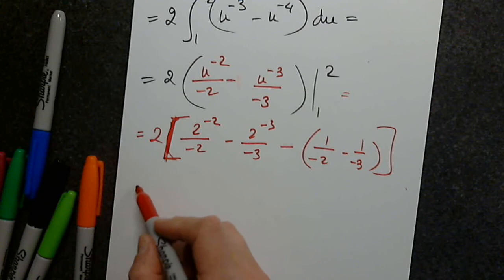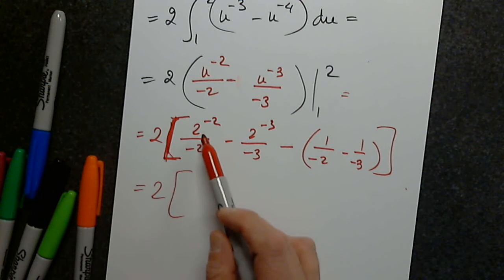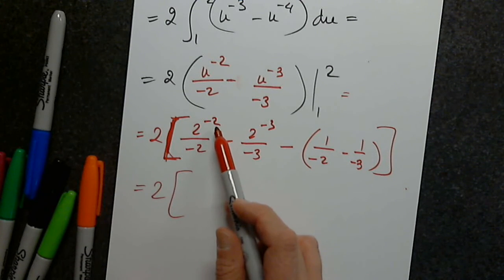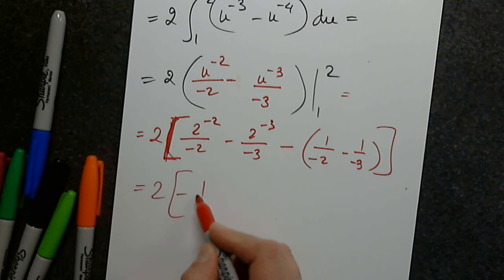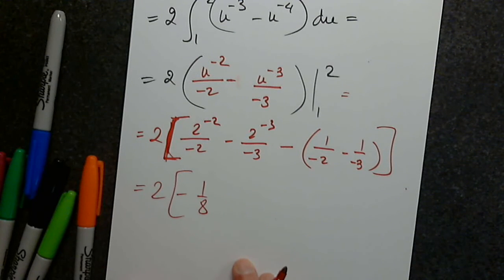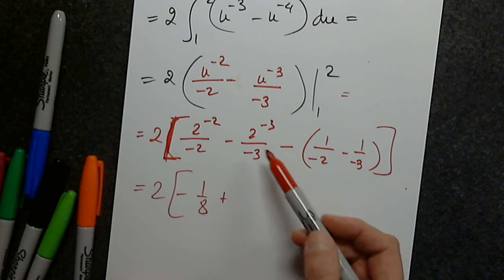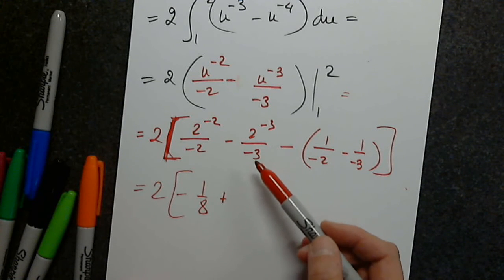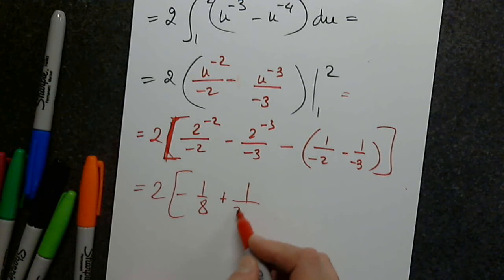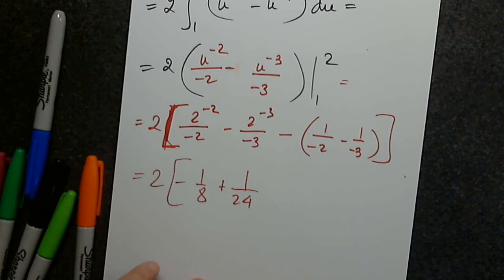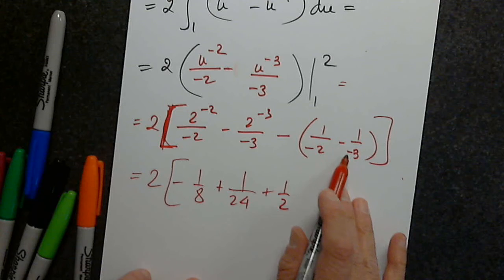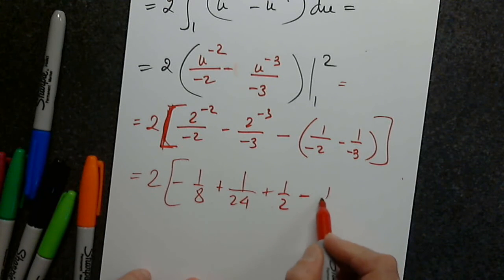Okay. 2 to negative 2 is 1 over 4 times negative 2, negative 1 over 8. This becomes plus. 2 to negative 3 is 1 over 8 times 3, still 24. Plus 1/2. This is minus, plus, but minus in front, minus 1/3.